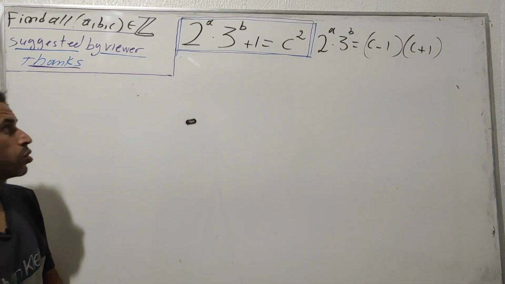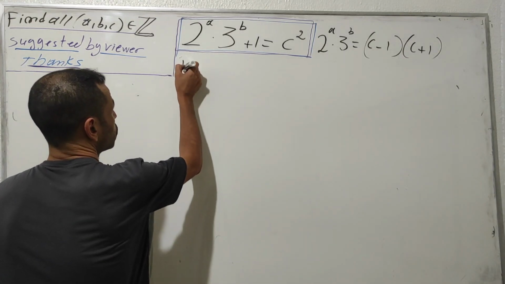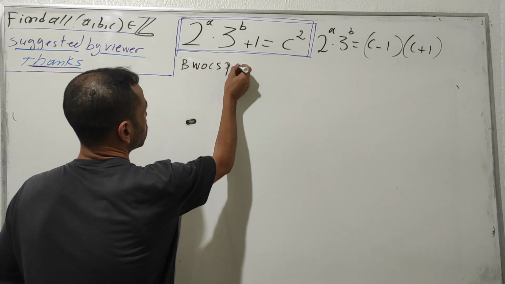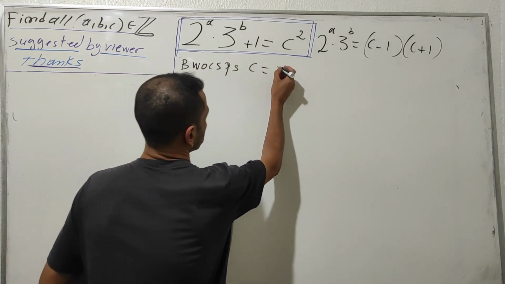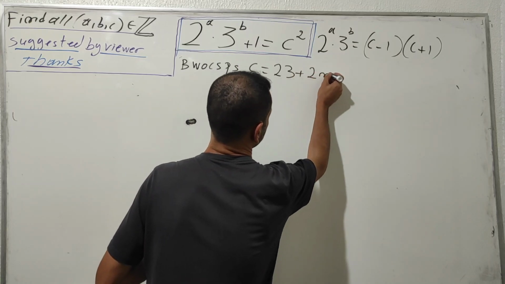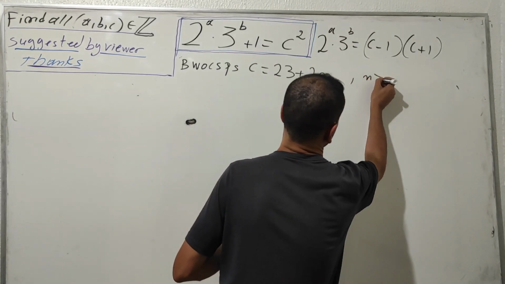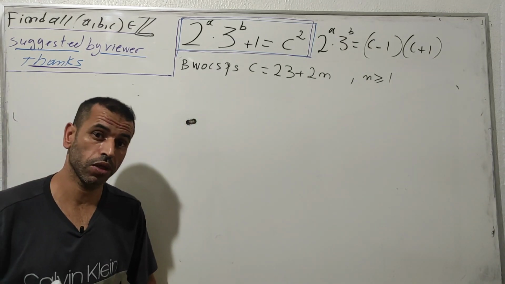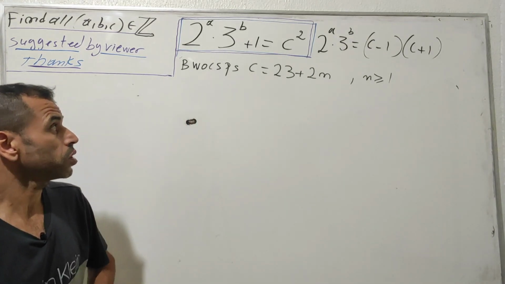So let's do that by way of contradiction. Suppose c equals 23 plus 2n for all n greater than or equal to 1. You might ask, why am I writing c in this form? Because c is odd.